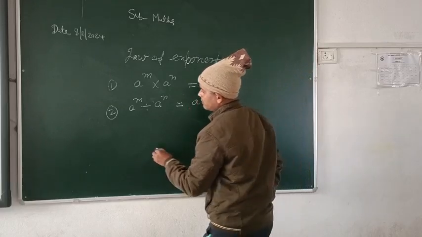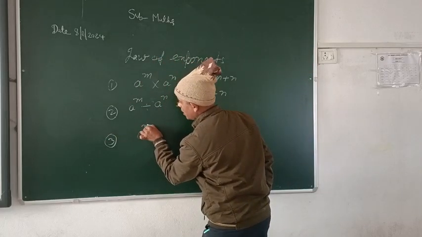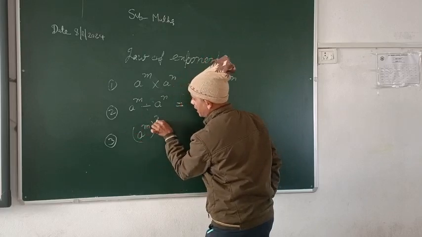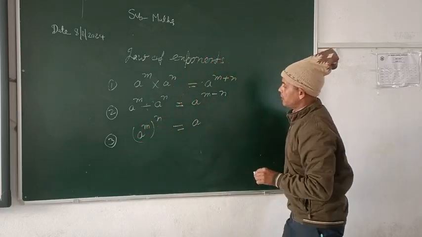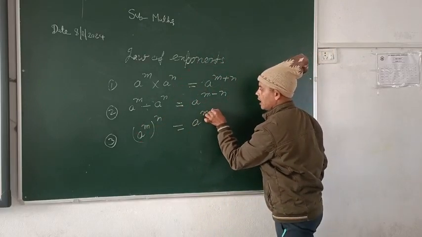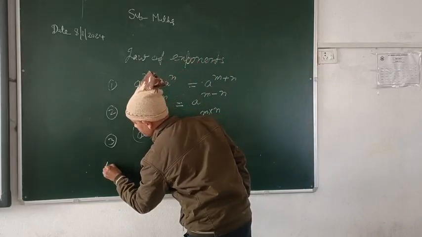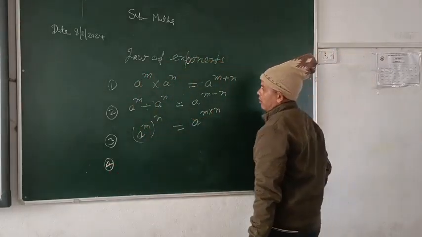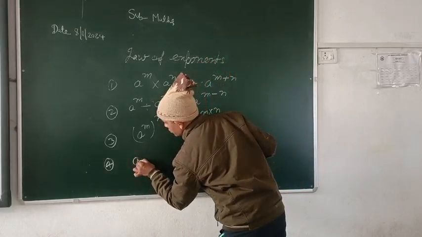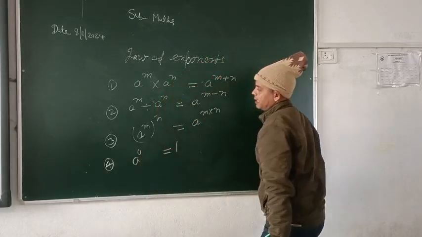And third one, if a to the power m, whole to the power n, then we are going to multiply them, m into n. And fourth one, if a to the power 0, then it becomes 1. Okay.